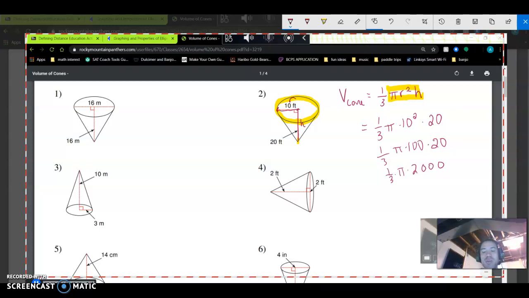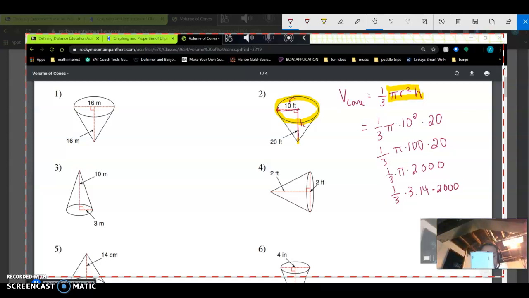In theory, we could go directly into our calculator. For those of you who don't have one of the nicer calculators, you can do 1/3 times 3.14 times 2,000.